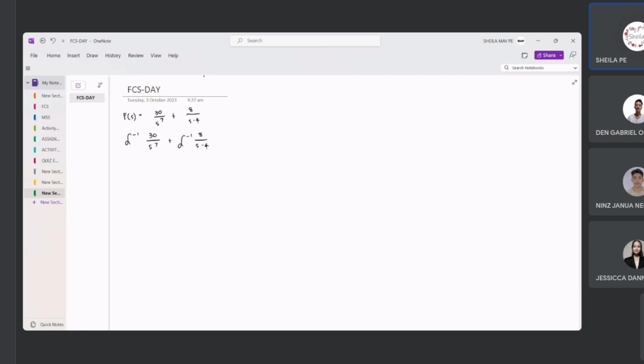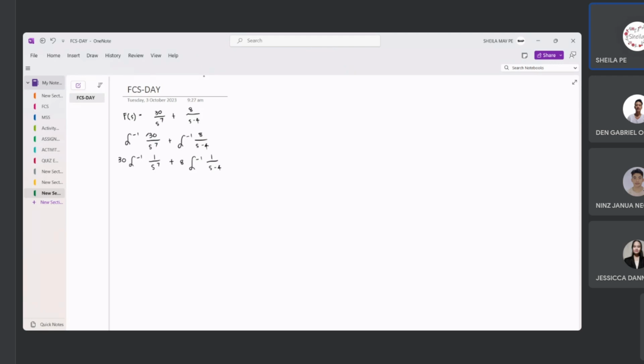So this is 30 times the inverse of the remaining term, 1 over s raised to the power of 7, plus 8 times the inverse Laplace of 1 over s minus 4.